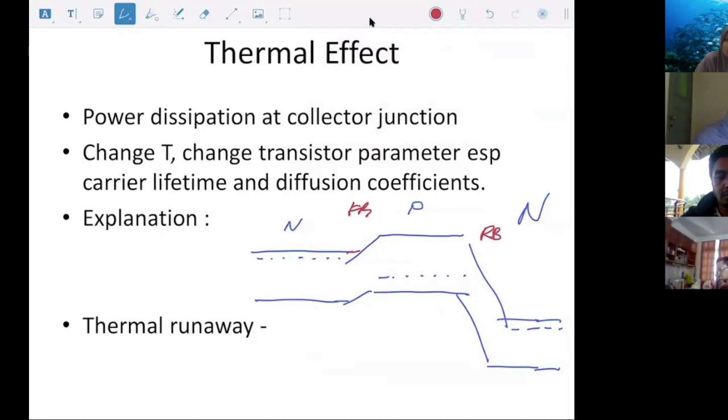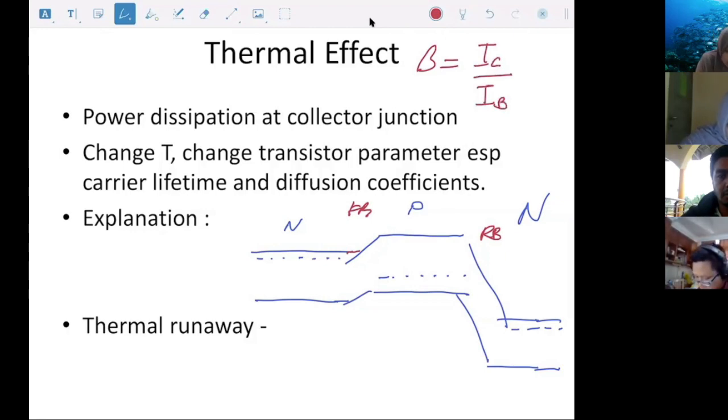You can have thermal effect like normal thermal effect, but it becomes worse when you want to increase the amplification. What's the equation for the gain? Beta equals IC over IB, right?